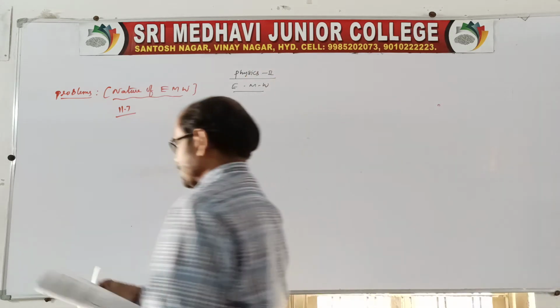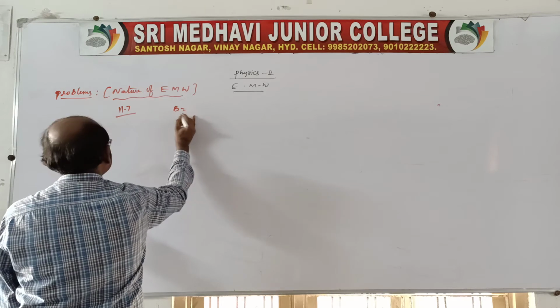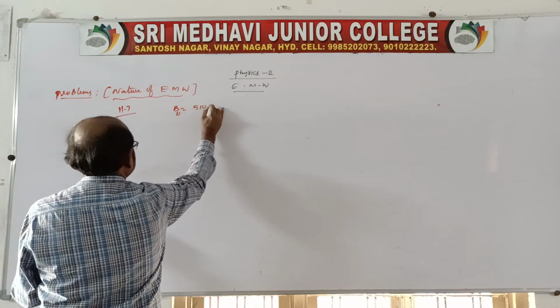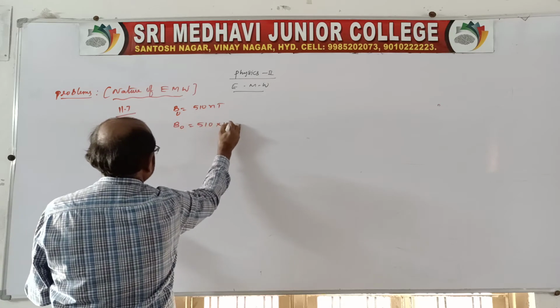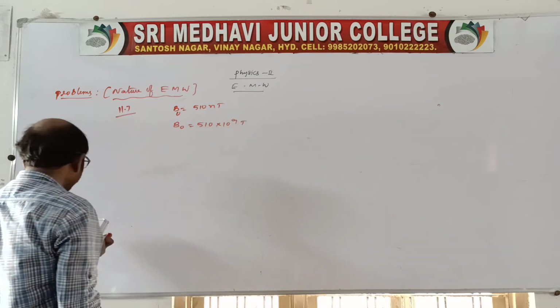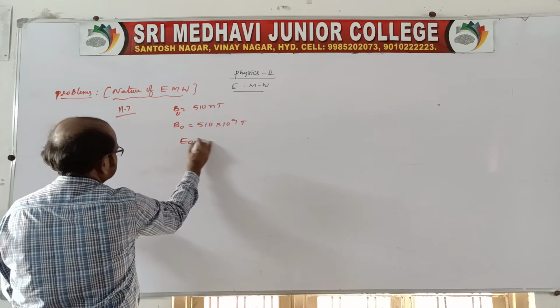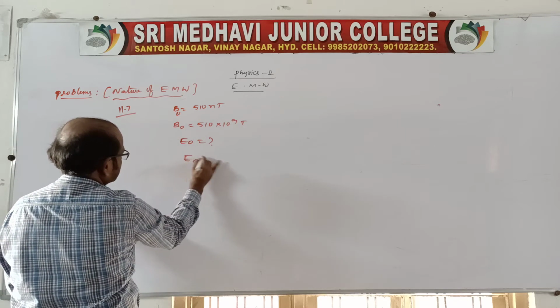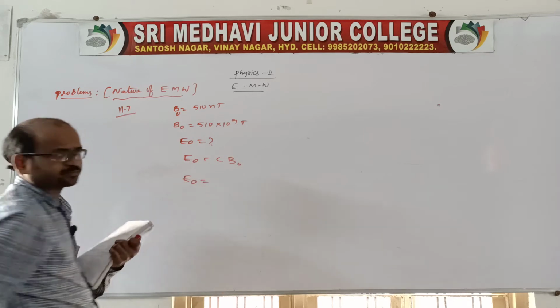Yes, of course, it is a very simple question. The B is given, or B naught, it is 510 nanoteslas. So B naught is equal to 510 into 10 power minus 9 teslas. And what is the amplitude of the electric field vector? E naught is asked. E naught is equal to, we know, c B naught.